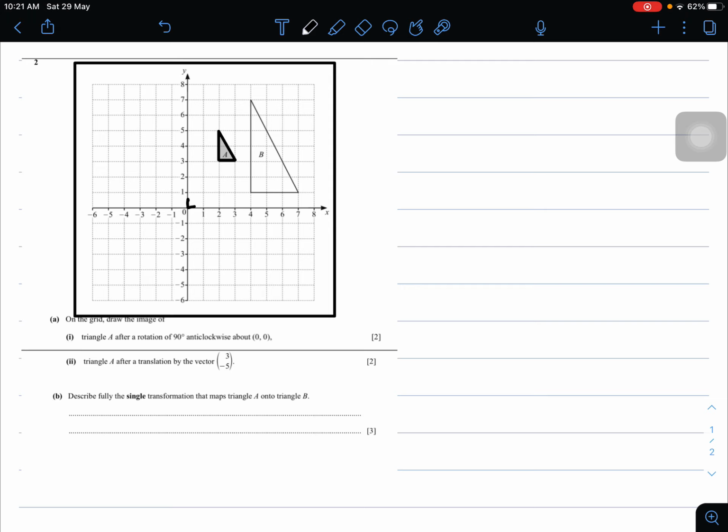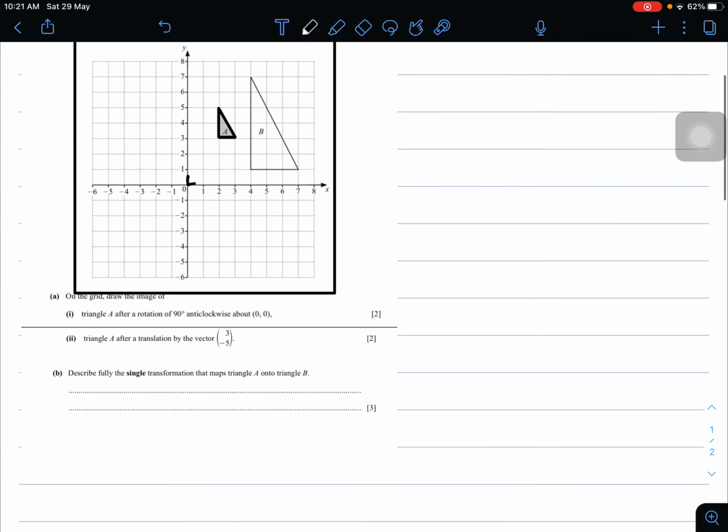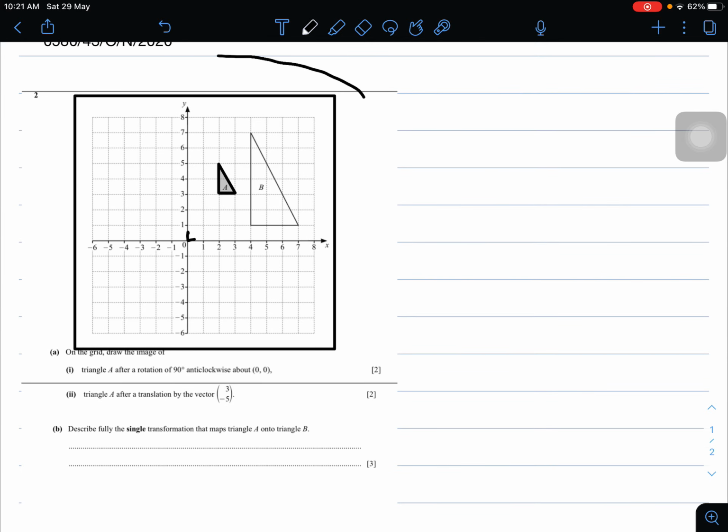So once you rotate anti-clockwise, that is this way, your L shape should now look like this.